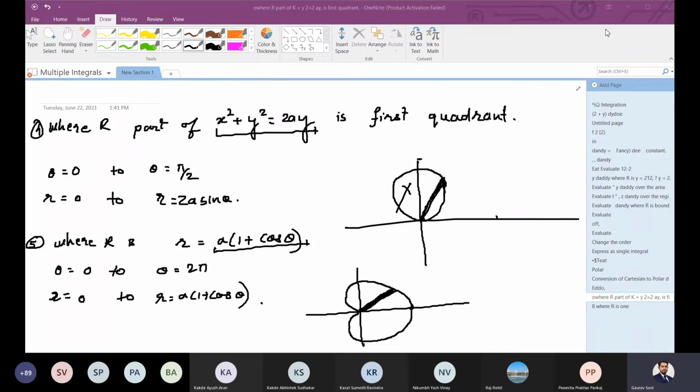I said that r becomes negative when, at theta equal to pi, say you are getting r equal to minus 1. It means that it goes in the negative direction. Say theta equal to pi by 2 with minus 1 value, it means that at this point, minus 1, this point is going to be there.